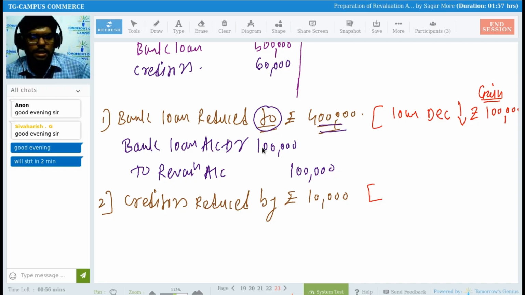Is it a gain or is it a loss? Gain. Creditors value in the balance sheet is 60,000 and it is given that creditors reduced by rupees 10,000.